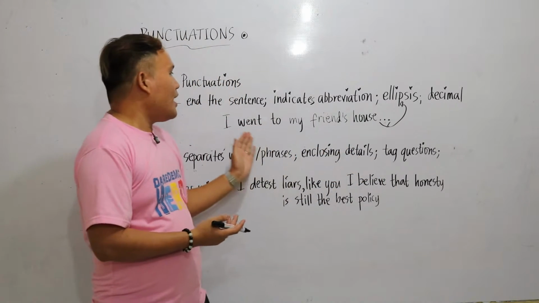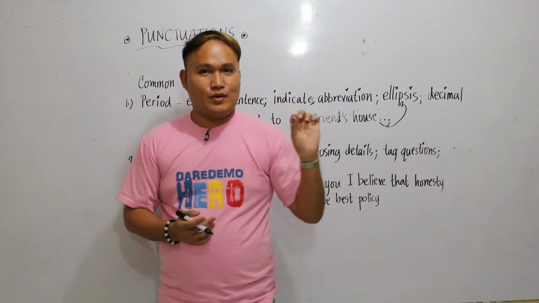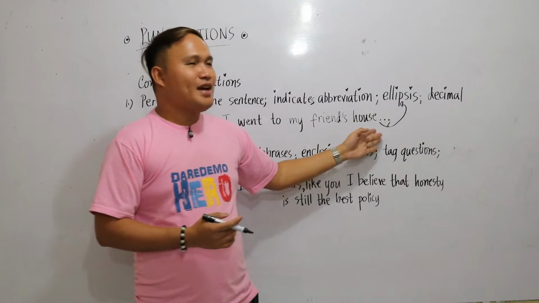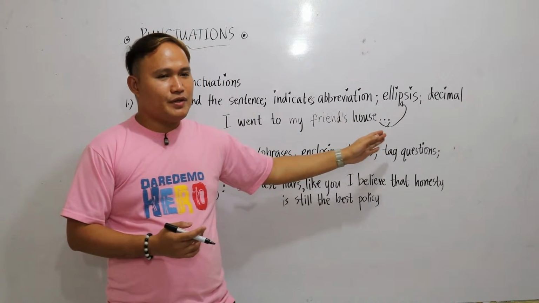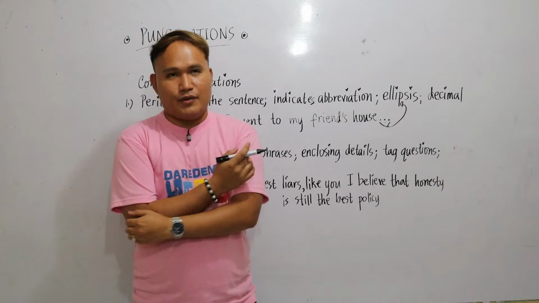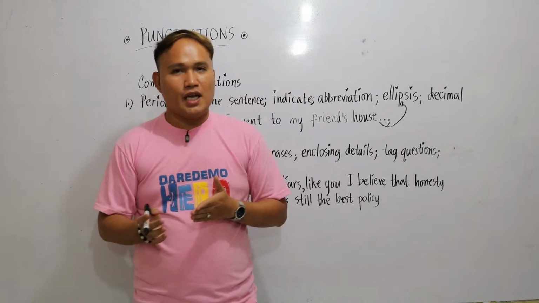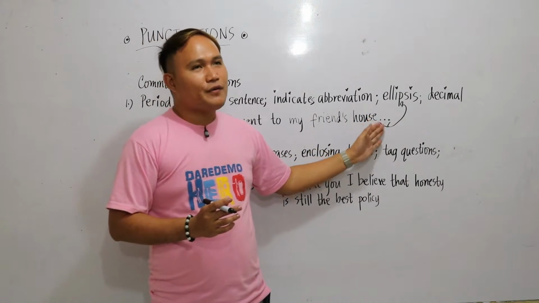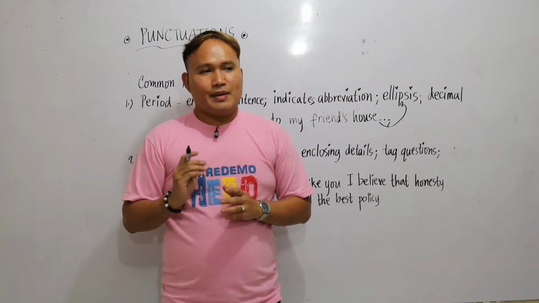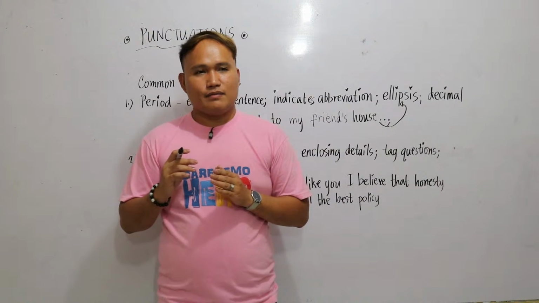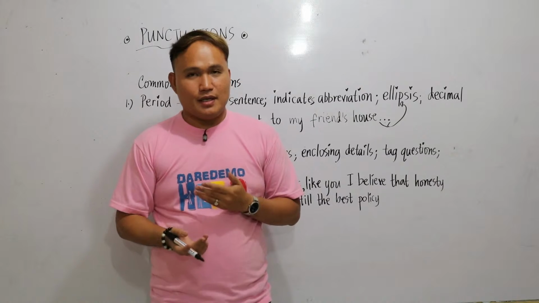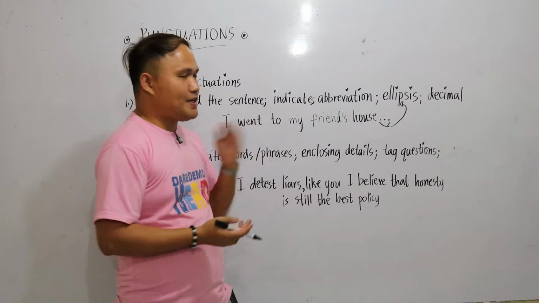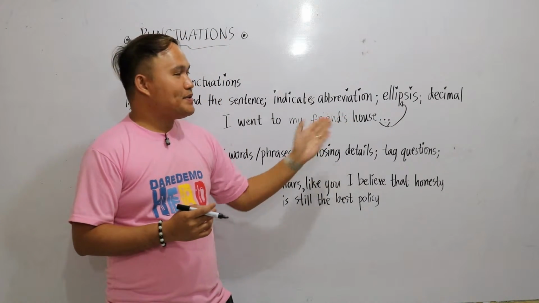So when I say, I went to my friend's house, usually this is commonly used if you are writing something, writing a story, writing a novel. It gives the reader a chance to think about what's going to happen next after this certain incident. So that's what ellipsis means.